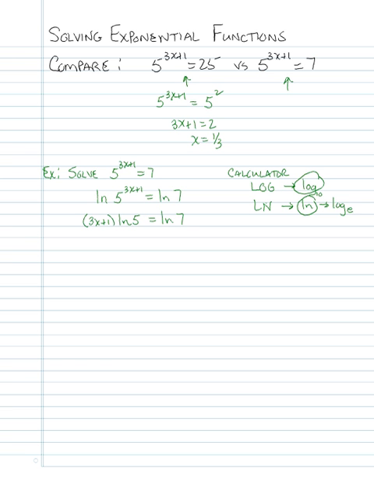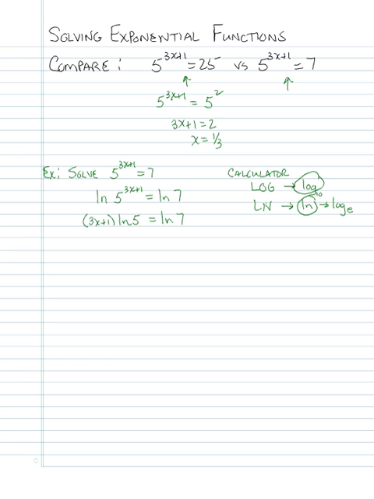And I would encourage you to recognize that the natural log of 5 is just an old ugly decimal, and the natural log of 7 is an ugly decimal number. The natural log of 5 is 1 point something, probably, but it's going to be an ugly decimal.